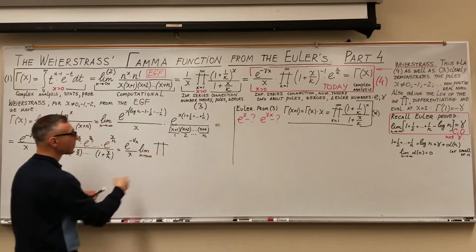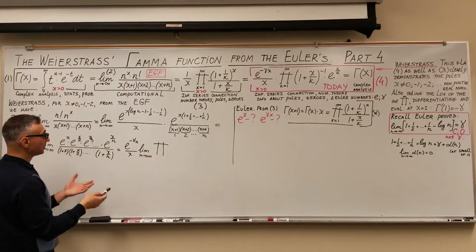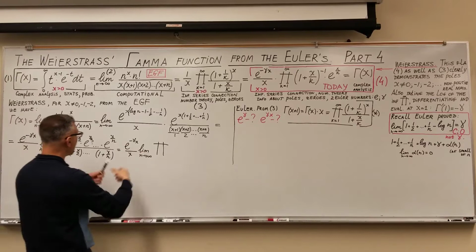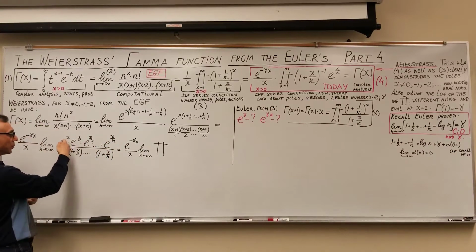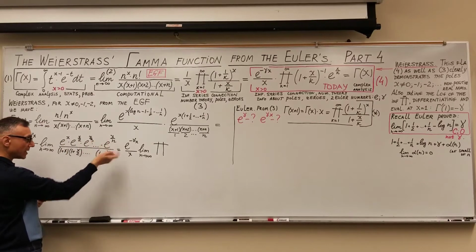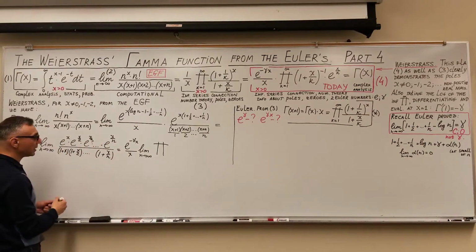Now I can write my general term here. Look at this. My denominator changes 1, 2, 3 up to n, so it's my index. The same thing here.